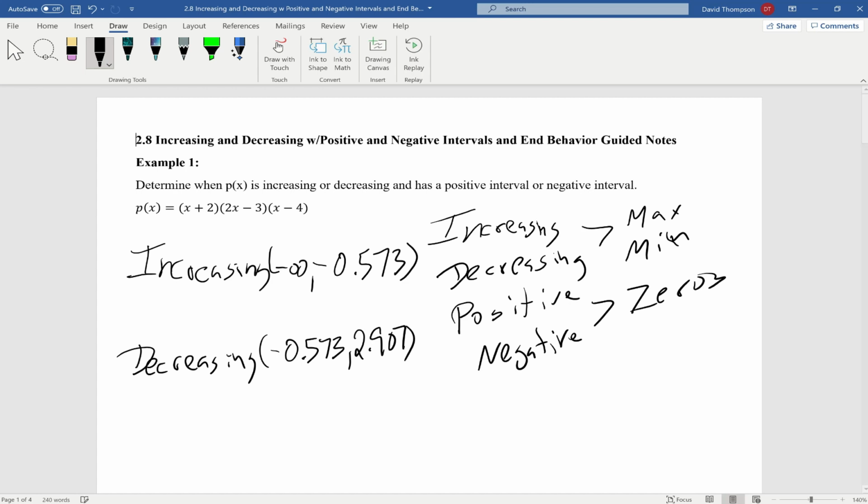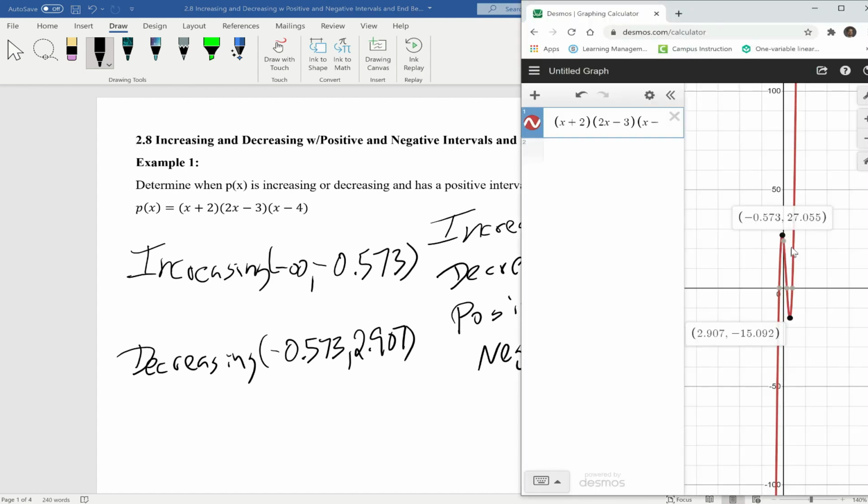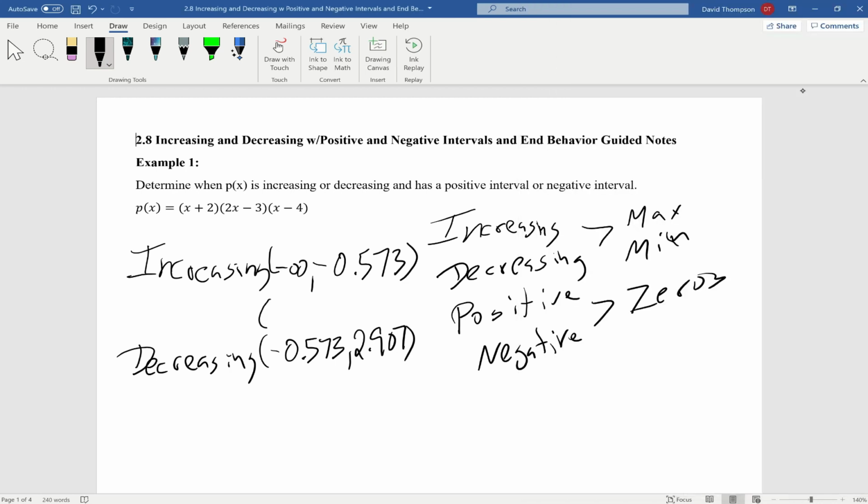All we're using is our x coordinates. So we go from increasing to the max, decreasing to our min, and then we increase again from 2.907 to positive infinity. So we've handled our increasing and our decreasing intervals, just using our maxes and mins.